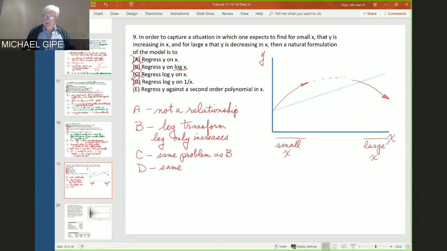How about E? How about a second order polynomial? Well, a second order polynomial looks like this or this.